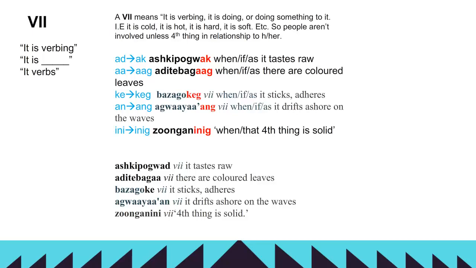So you could say, for ashkipogwood, that one would change to ashkipogwuk. So that would change from it tastes raw to when it tastes raw, or if or as it tastes raw.